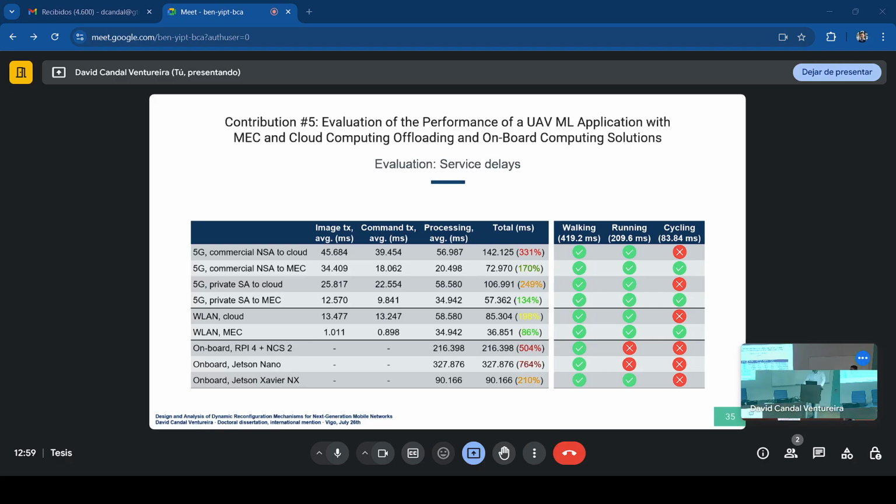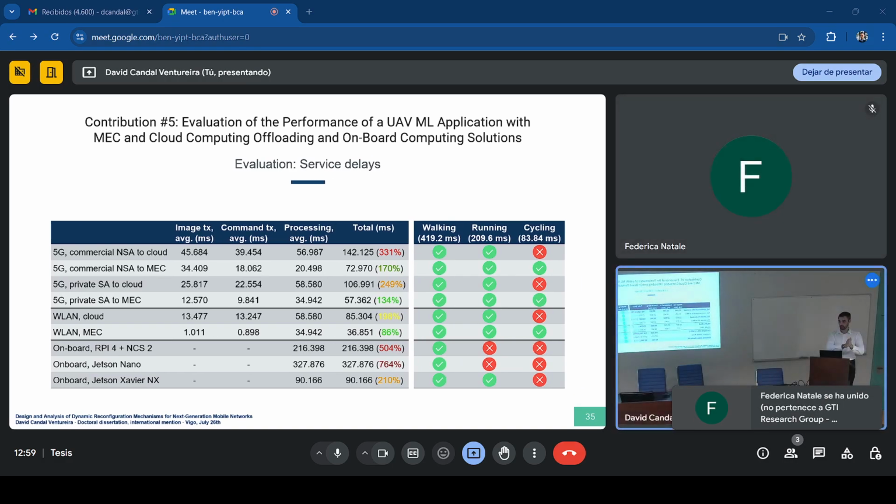No, because we measure the delay based on the distance that the guy is traveling out of the image. No, but I mean, these results, those related to image transmission and the overall delay, are from the timestamp at which the image is sent, not captured.